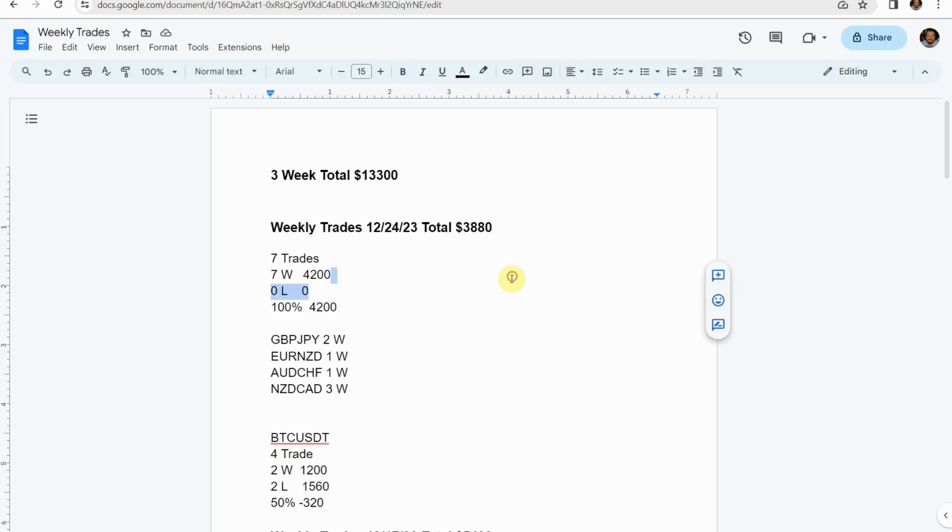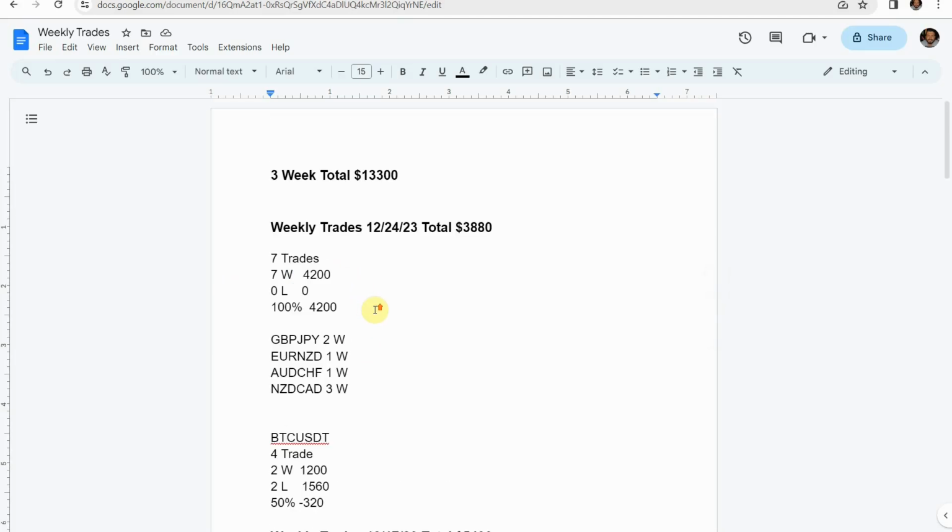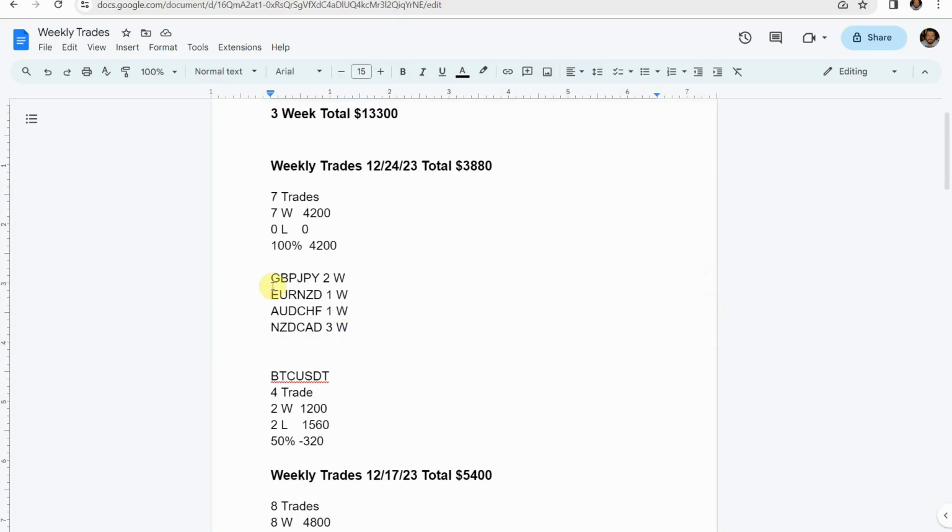Let's go ahead and take a look at our weekly trades. So again, these are the signals that we're getting from these 4 Forex pairs and this one crypto coin. This is each week on the 30-minute time frame. Last week, these Forex pairs had 7 trades within the week.